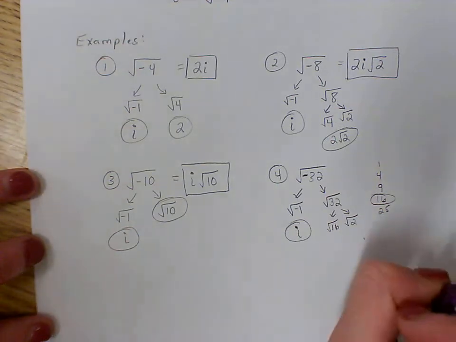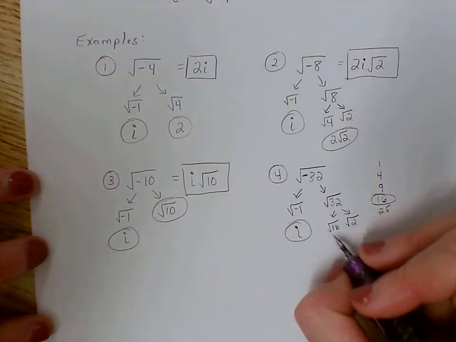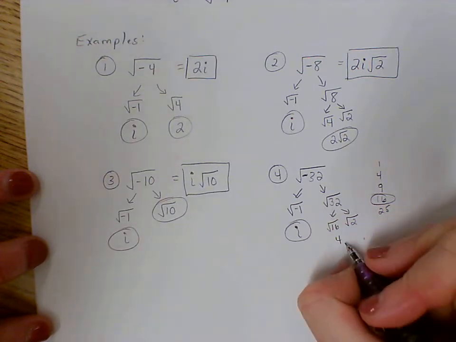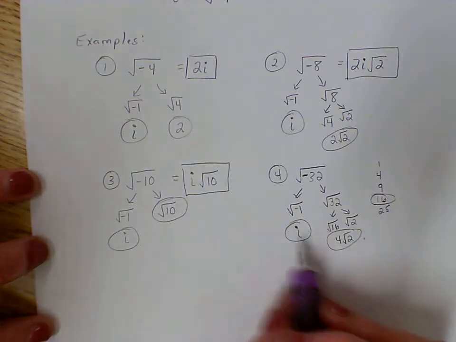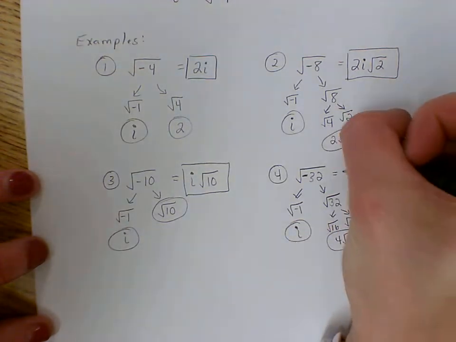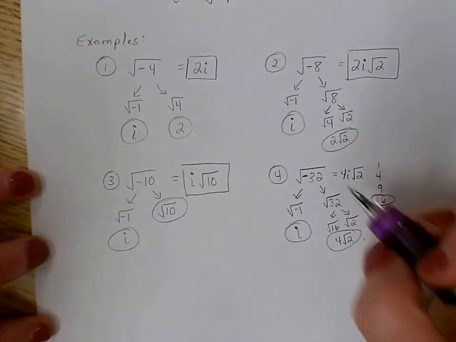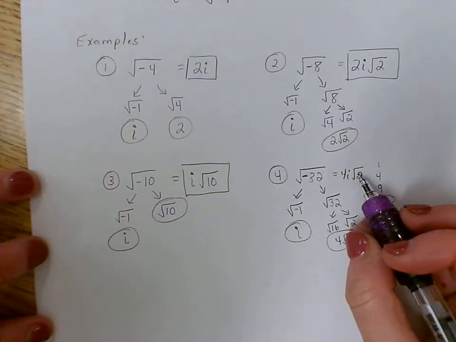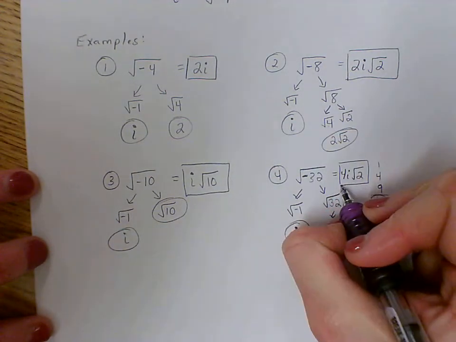Well, 2 times that gives you 32, and then you simplify. The square root of 16 is 4, and the square root of 2 doesn't simplify, so it just comes down. Then you put everything together. You've got the 4 and the i on the outside, so you have 4i, and then that square root of 2 comes up, and you put it behind the 4 and the i. So there you go.